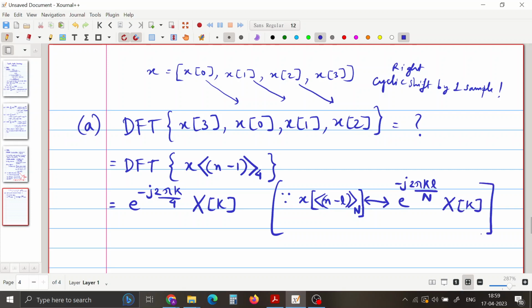Here cap N is 4, because sequences are of length 4, and the shift L here is basically 1. We need to find the DFT of x of n minus 1 mod 4.